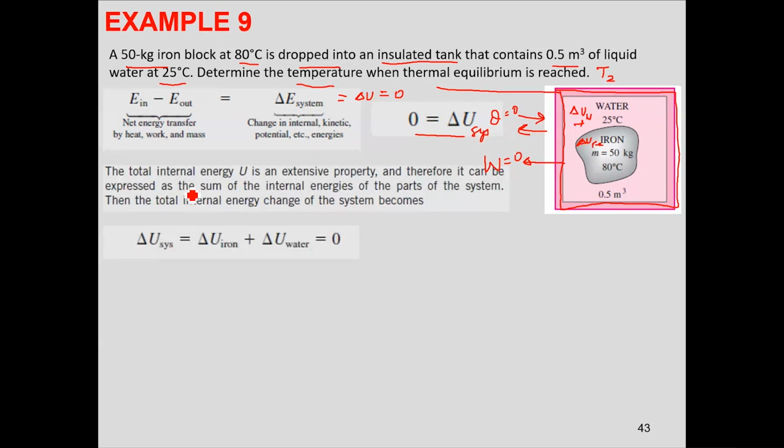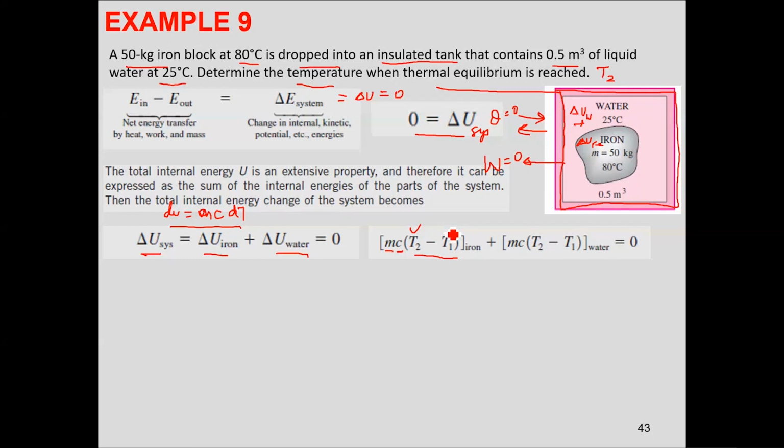And delta U for solids and liquids, you know, is m c dT. For iron, if I write, it is mass of iron multiplied by specific heat of iron into the temperature difference, T2 minus T1.